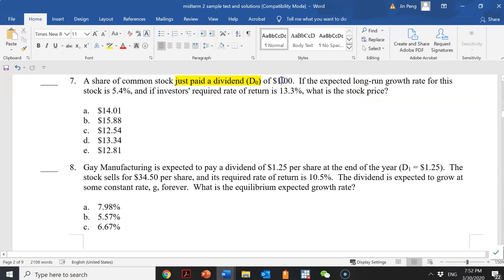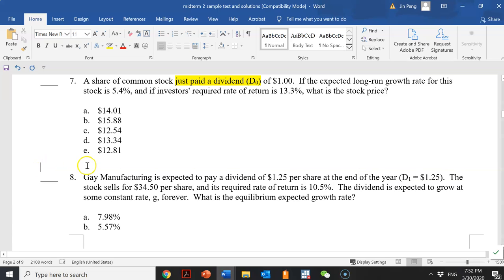So we know D0, we know G, 5.4%. We are looking for P0, and we know investors' required rate of return of this stock. So R is 13.3%.